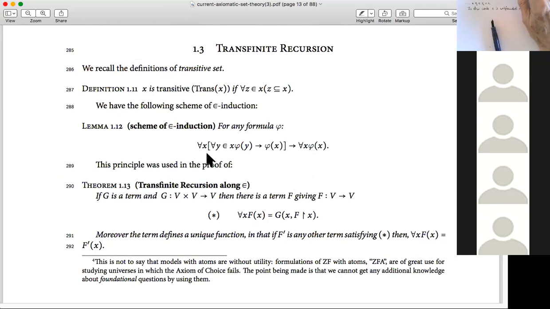It would suffice for that to know that a set X inherits property phi from all of its members. So for any set X, if I know that all the members of X have property phi, then X has property phi. Then actually every set has got property phi.